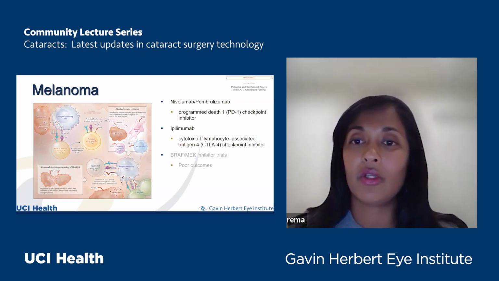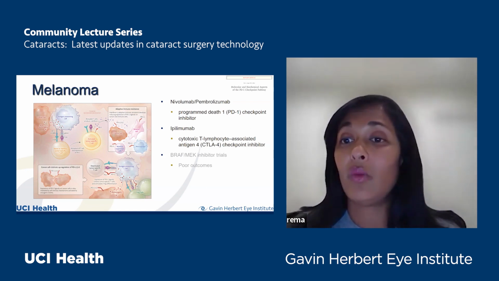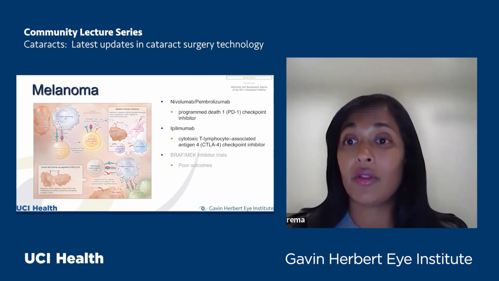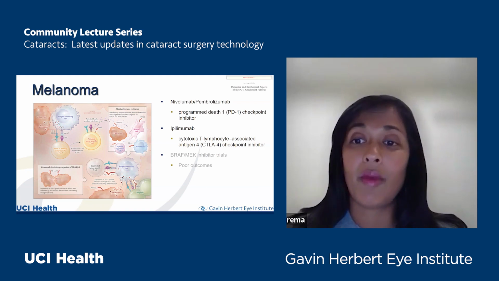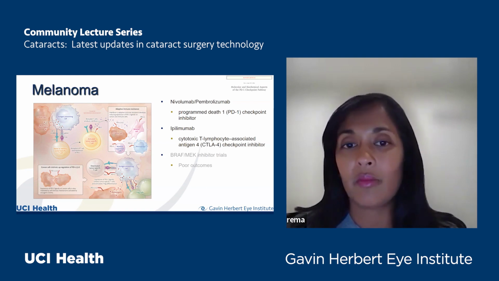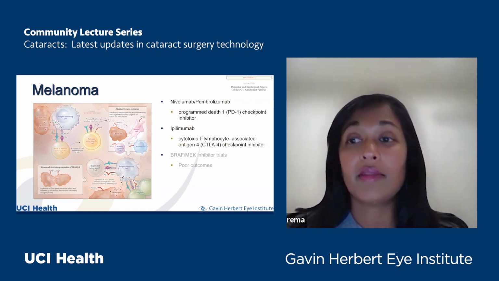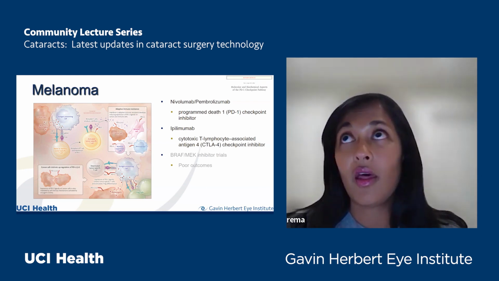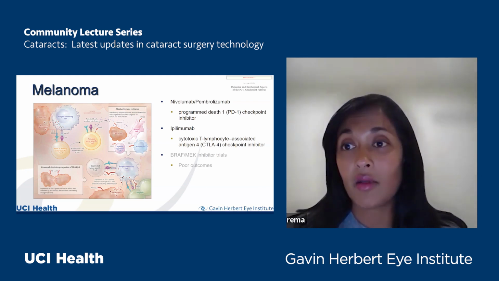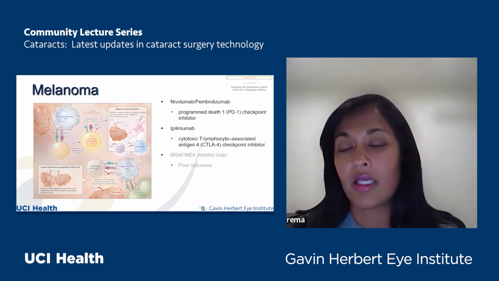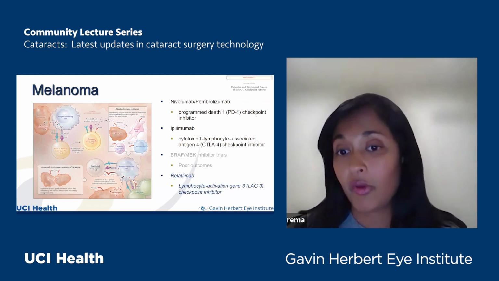These are the checkpoint inhibitors: the programmed death-1, PD-1, checkpoint inhibitors nivolumab and pembrolizumab, as well as ipilimumab, which is a CTLA-4 checkpoint inhibitor. They really hijack the immune system and take advantage of that process that cancer cells do, and by mirroring that, we are able to dampen the response and have a favorable outcome.